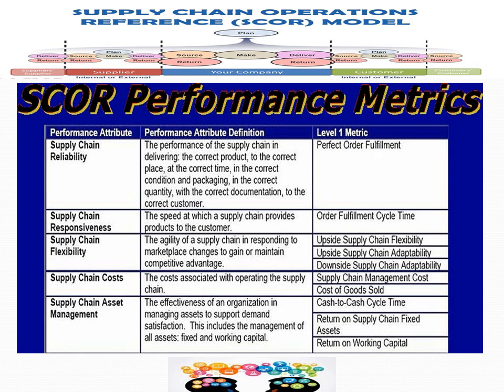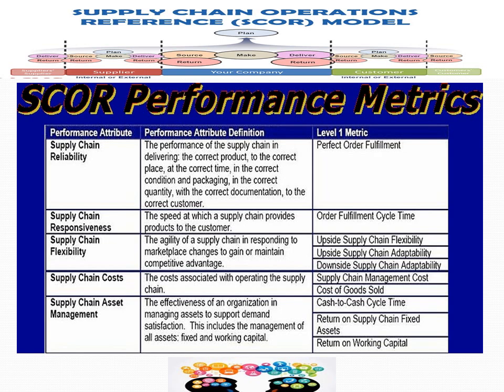Supply chain reliability is the number one performance attribute. It is the performance of the supply chain in delivering the correct product to the correct place at the correct time, in correct condition and packaging, in correct quantity, with the correct documentation, to the correct customer. These are the things by which we measure reliability. And number one is perfect order fulfillment.